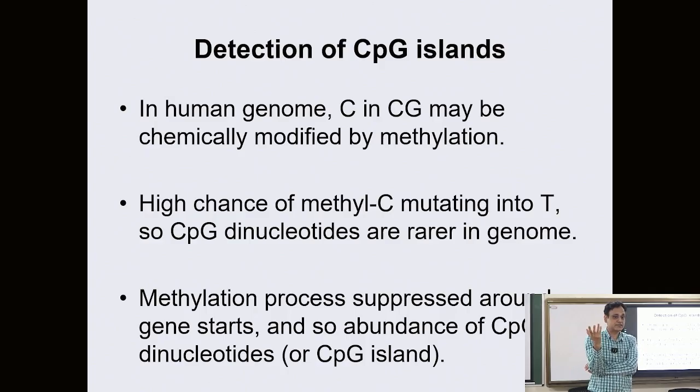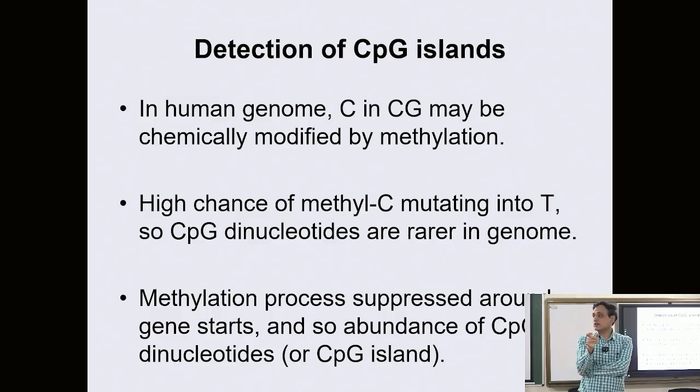Methyl group CH3. So CH3 can get attached to cytosine in CG. When C is methylated, there is a chance that C can get mutated to T, thymine. And because of this, the CG dinucleotide is rarer in the human genome.